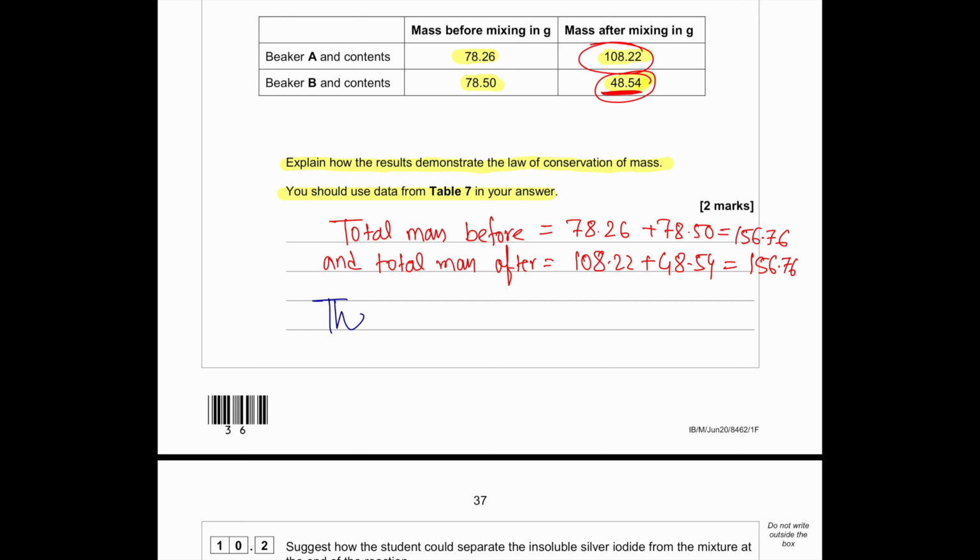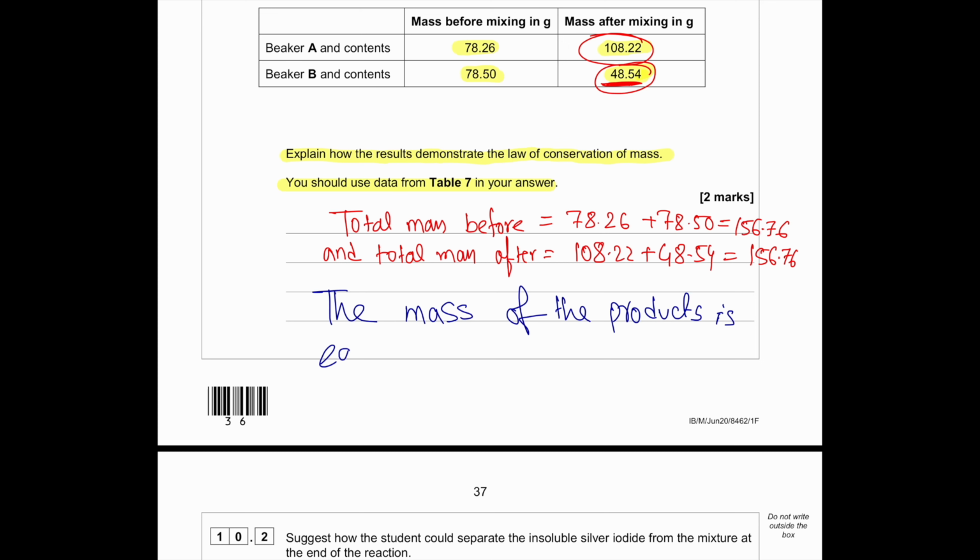This means the mass of the products is equal to the mass of the reactants.